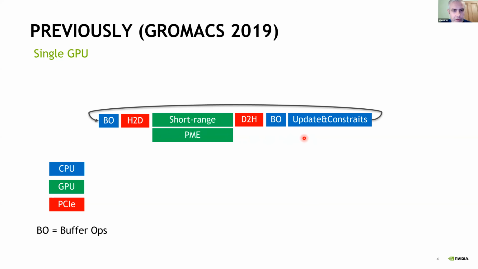As I mentioned, because they're running on the CPU, they're not able to take advantage of GPU acceleration, and therefore they're relatively slow. And not just that, because part of the time step is on the GPU and part is on the CPU, it requires the movement of data between these two devices, over and over again every time step.